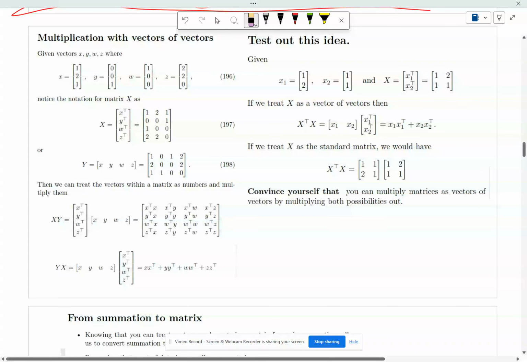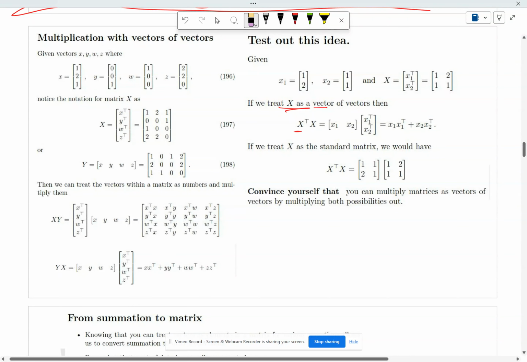Now, let's test this idea out. Here's x1, x2, and therefore x is just two rows. If we treat x as a vector of vectors, then x transpose x will equal x1, x2 times this.